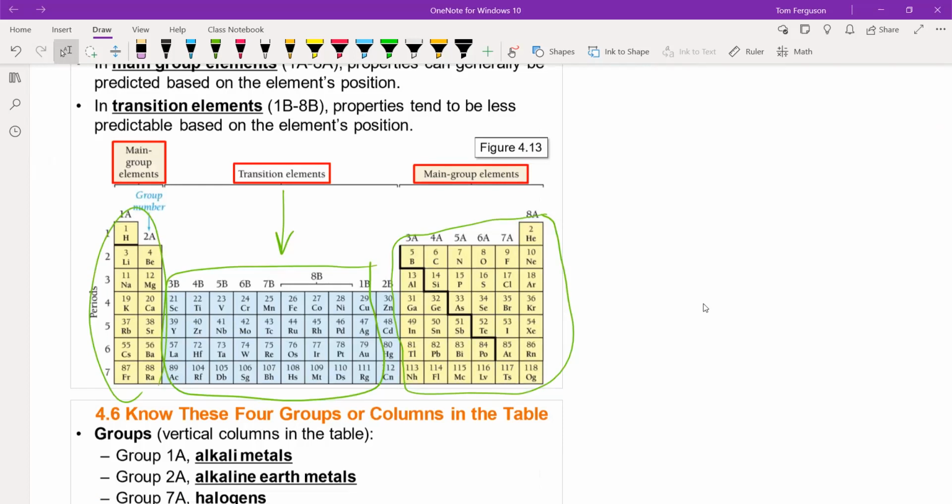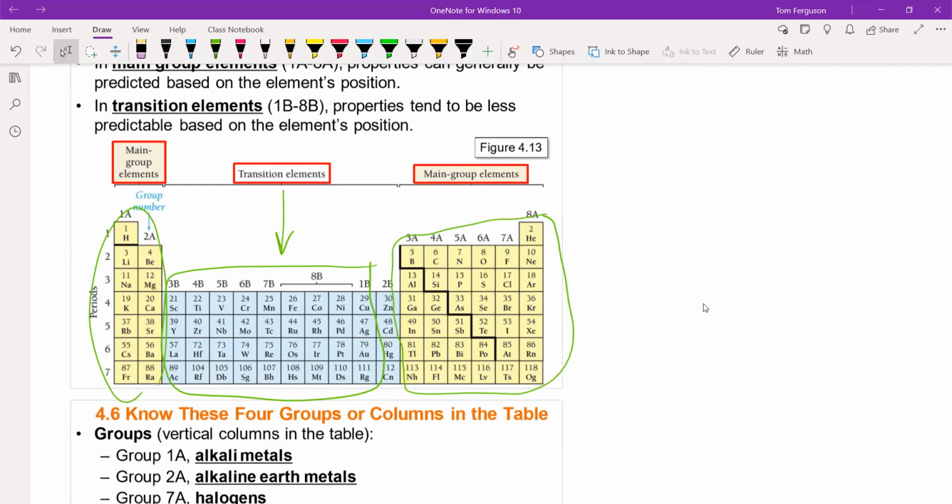There are also two main kinds of elements in the periodic table. Well-behaved ones in yellow and non-well-behaved ones in blue. Okay, the blue ones are called transition metals, and they do a lot of different things.